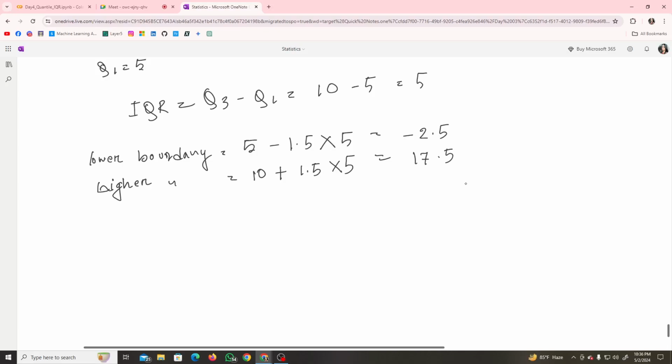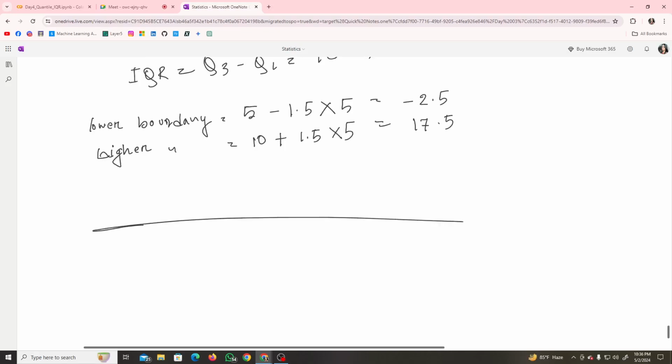So guys, we got our lower and upper boundary: minus 2.5 and 17.5. What does it mean? It means anything smaller than minus 2.5 and anything above 17.5 should be considered as an outlier.